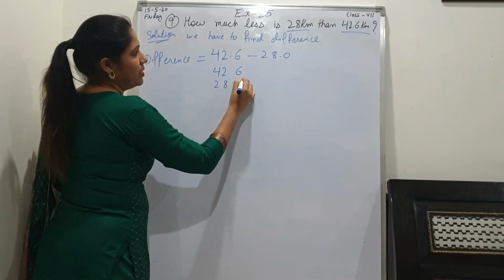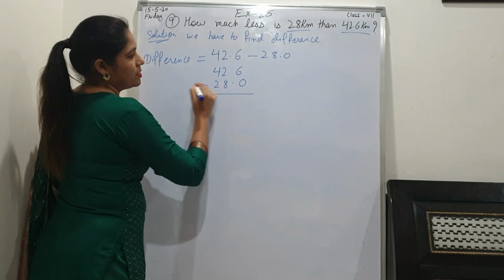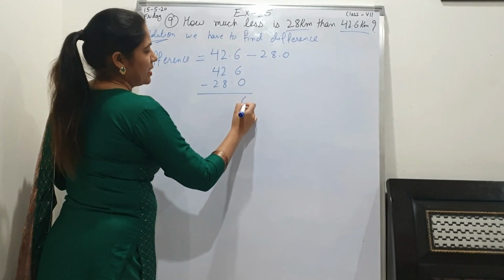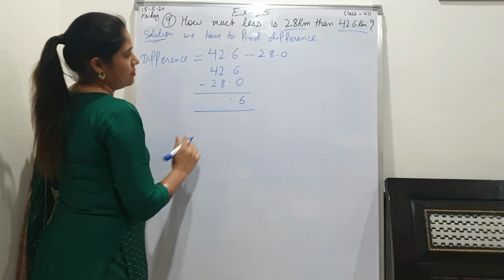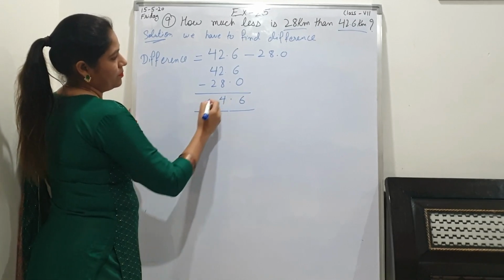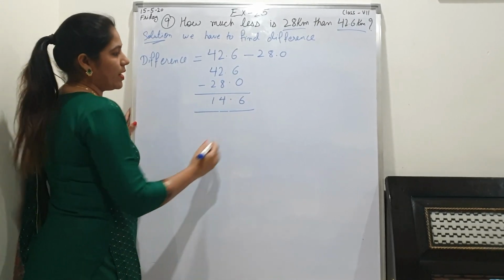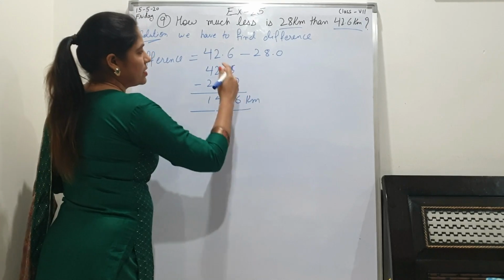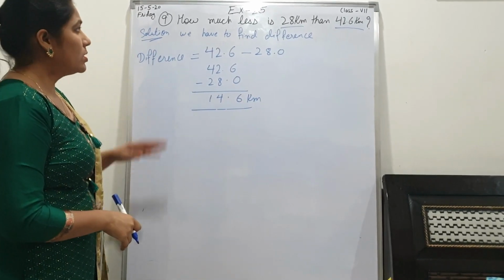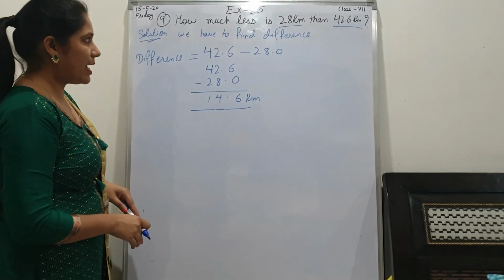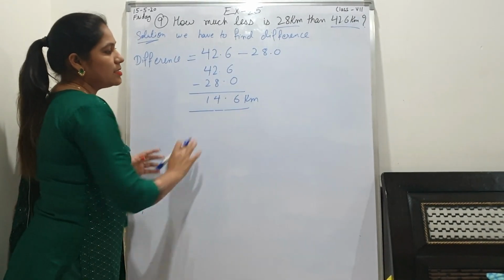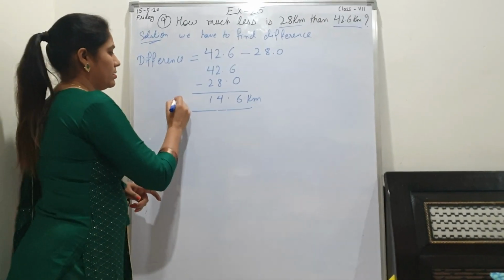Now just simply subtract them. So the answer is 14.6 kilometers. So how much less is it? You will write that it is less by 14.6 kilometers.